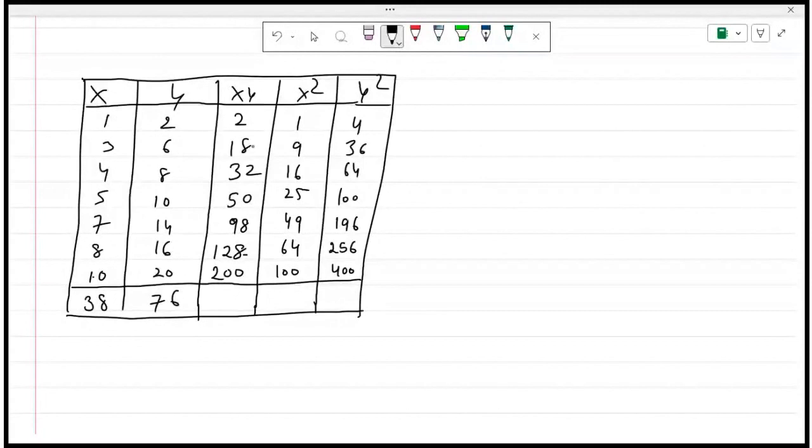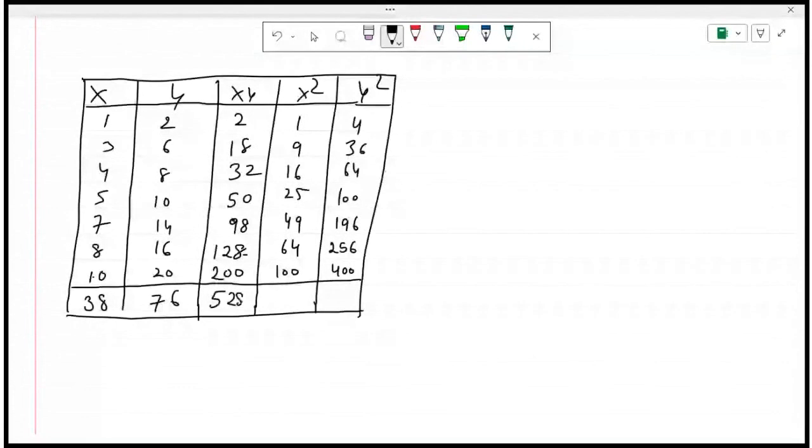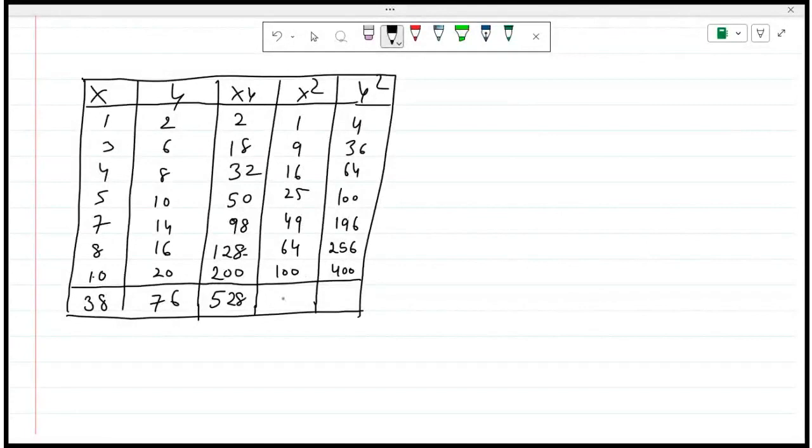So it is coming out to 528. And for x square: 1 and 9, 10 and 16, 26 and 25, 51, 51 and 49, 100, 200 and 64, 264.